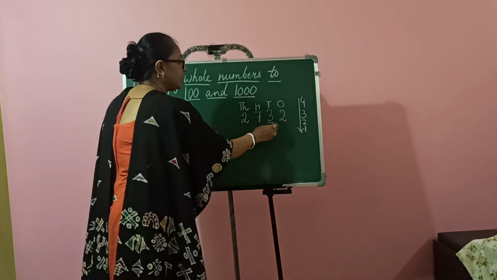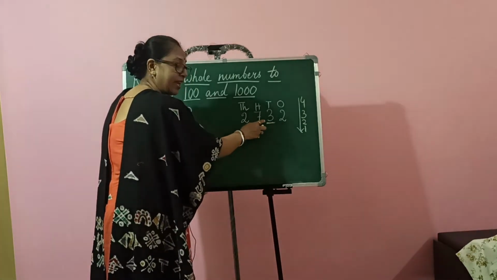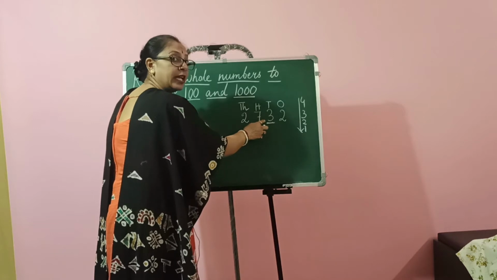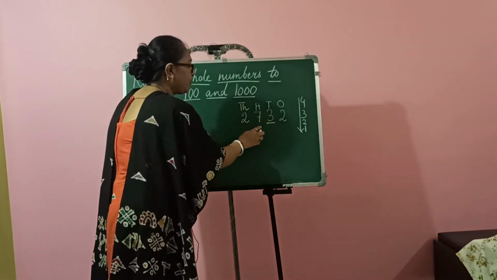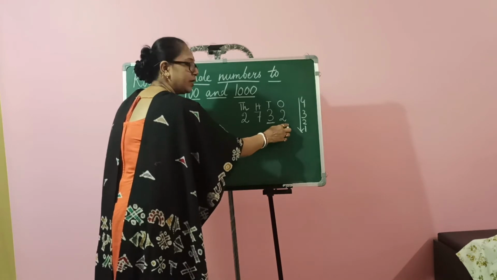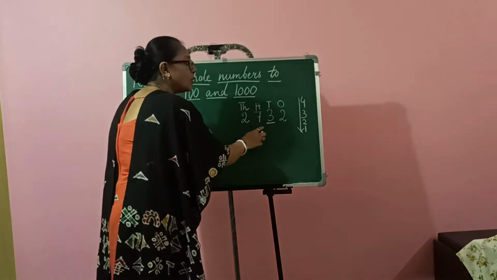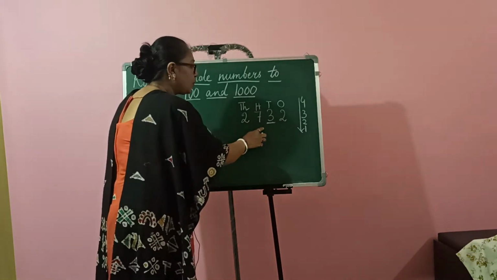So here, since the number we are looking at, the tens place, is less than 5, we round down in terms of hundreds. So here we have 732. 732 is very close to 700. So we round it down to 700. How do we do that?